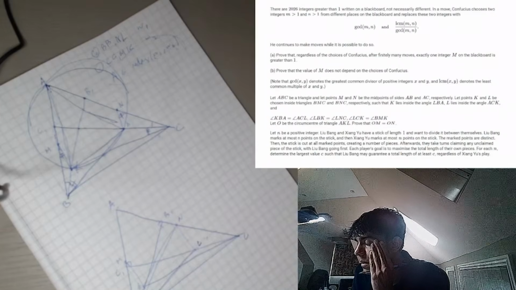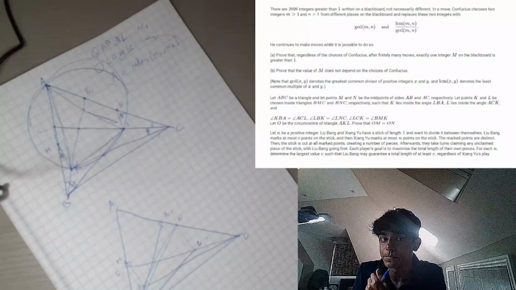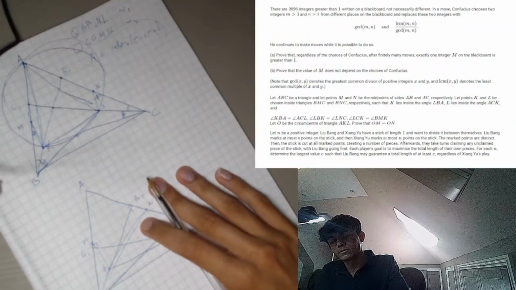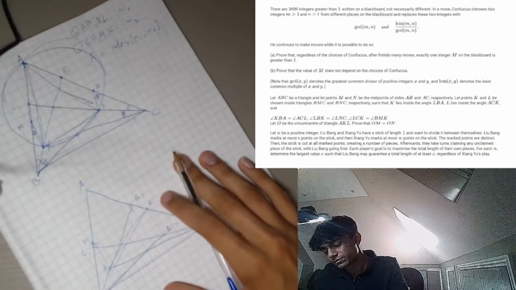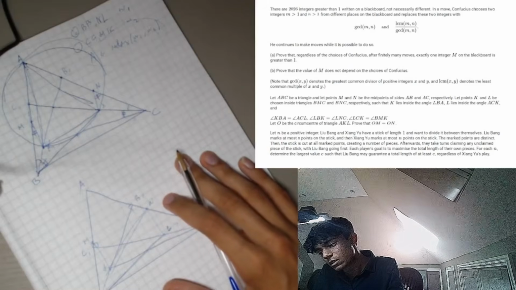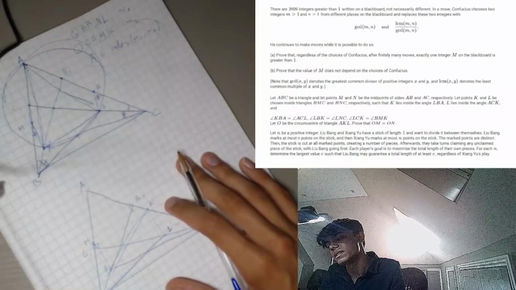Okay, so we were thinking about if MKLN can be cyclic. Well, in all the diagrams I've drawn, it kind of looks like KL is parallel to BC.